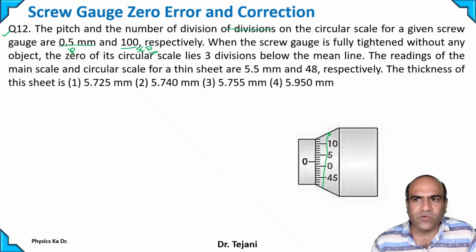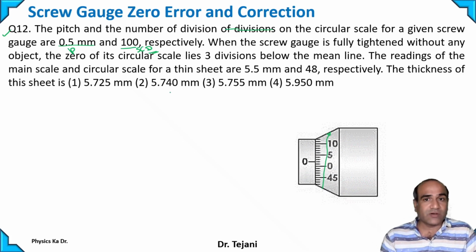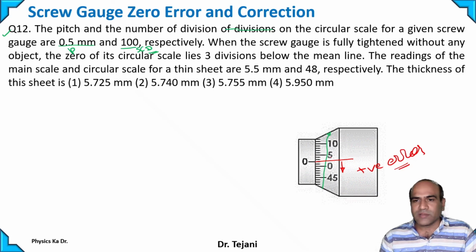When the screw gauge is fully tightened, that means closed position, we are talking about error. Yes, there is some error in this case. The 0 of the circular scale lies 3 divisions below, that means it is a positive error. The coinciding division is 3 divisions below, which is only used to calculate the zero error, so do not confuse it.